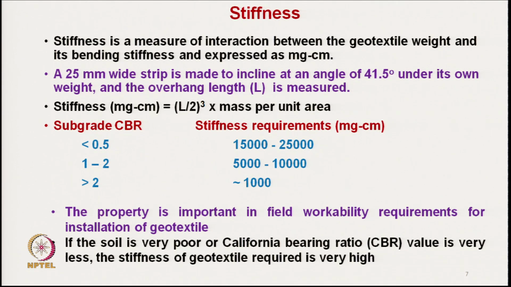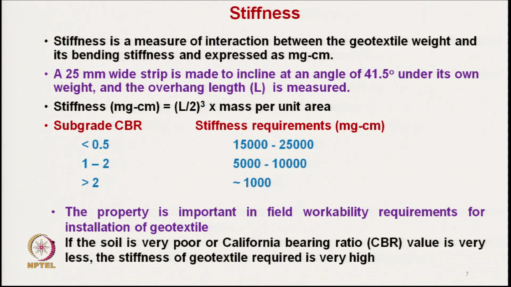The higher this value, the stiffer or harder will be the soil. So, if it is very soft, the value is less than 0.5, in that case we need geotextile with very high stiffness, say 15,000 to 25,000 is selected for the subgrade soil with CBR value less than 0.5.